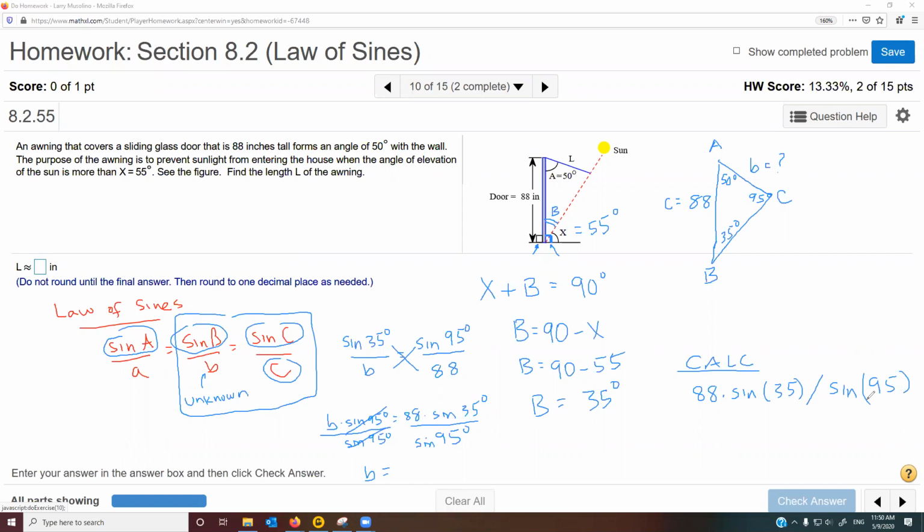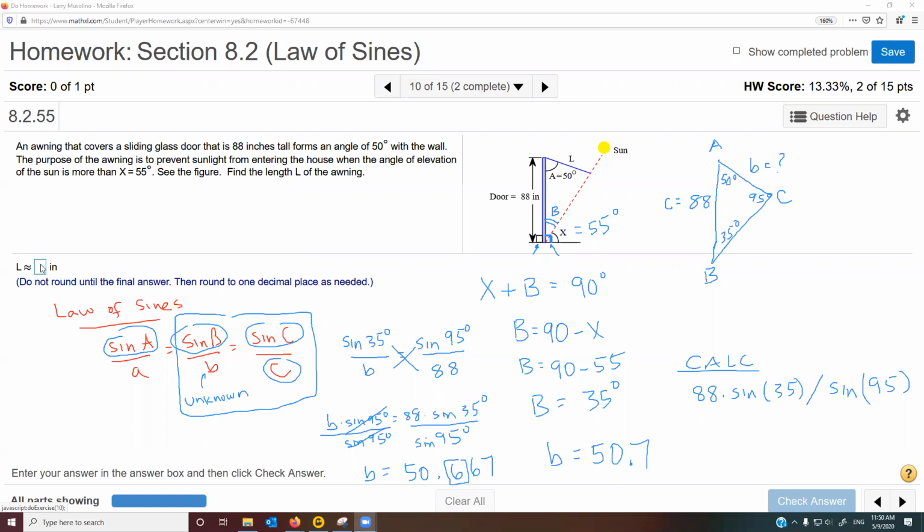So it's much better to let my calculator do this calculation all at one time. If I do that, I'm getting the answer 50.667, but it looks like they want me to round to 1 decimal place. So it looks like B is 50.7. So the length of this awning should be 50.7.